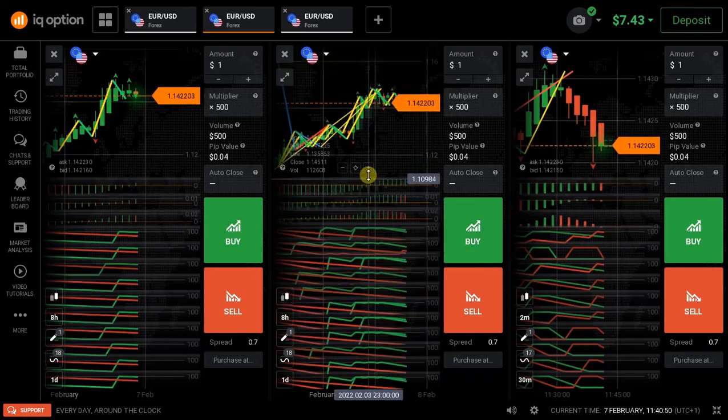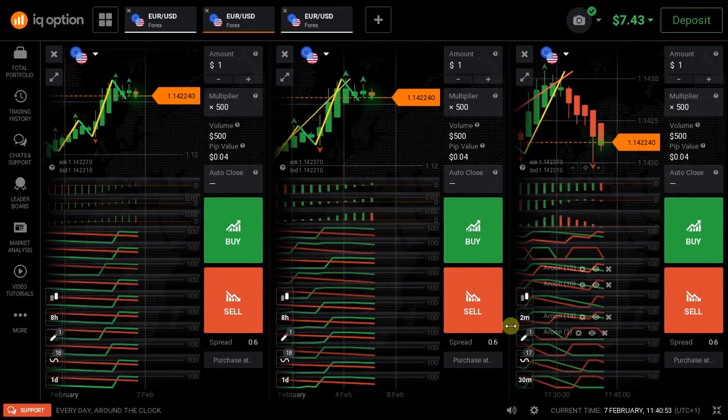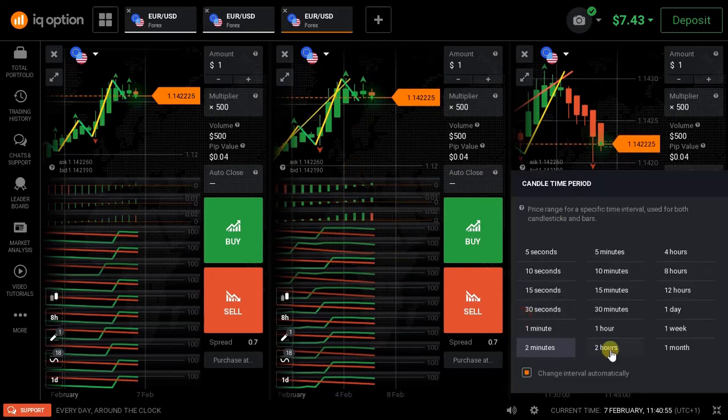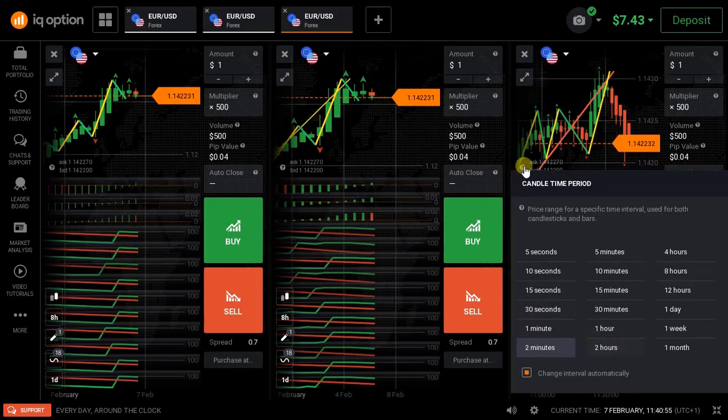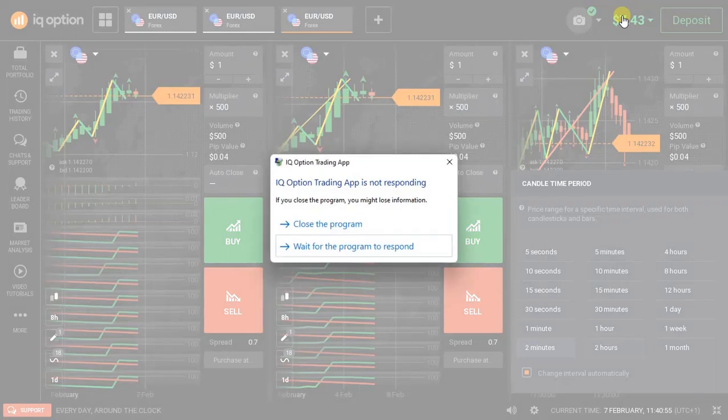Then also you have to monitor the 2-hour interval. Okay, the 2-hour interval is actually taking a couple of seconds to respond. I hope that it will be responding in just a couple of seconds.